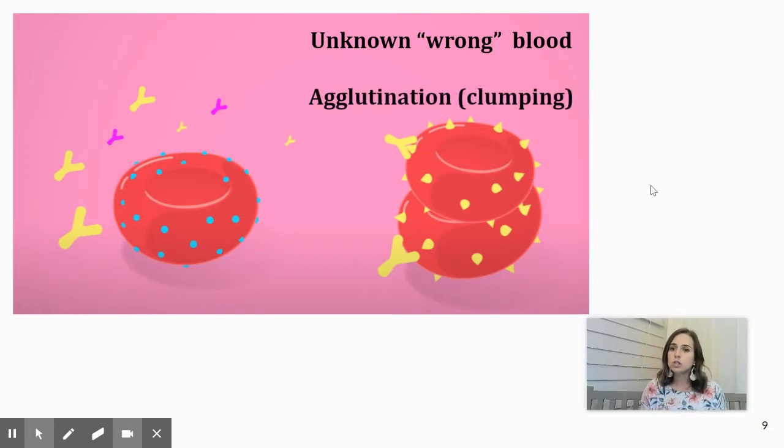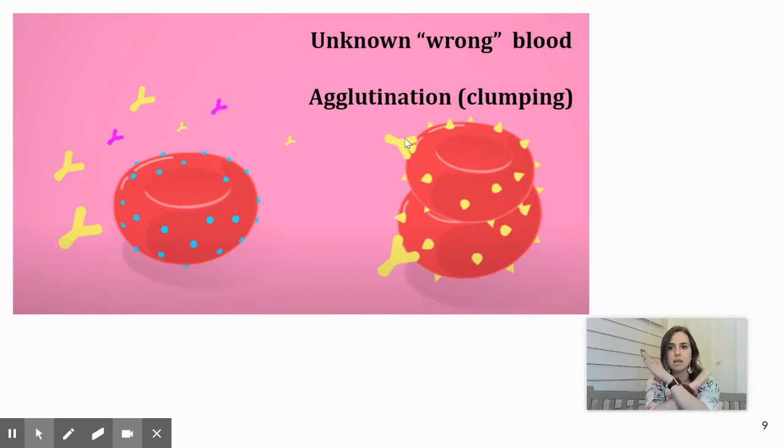And that term we use for clumping is called agglutination. It's very similar to coagulation, except we use the term agglutination when we're talking about red blood cells from transfusions clumping up. Agglutination is just red blood cells sticking to each other because of these antibodies.